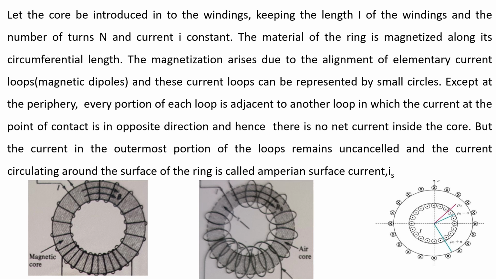three pictures. One is a toroid with a magnetic core in it, the second one is a toroid with an air core, and the third one is a slice section of the toroid, where we take a section of this toroidal structure.